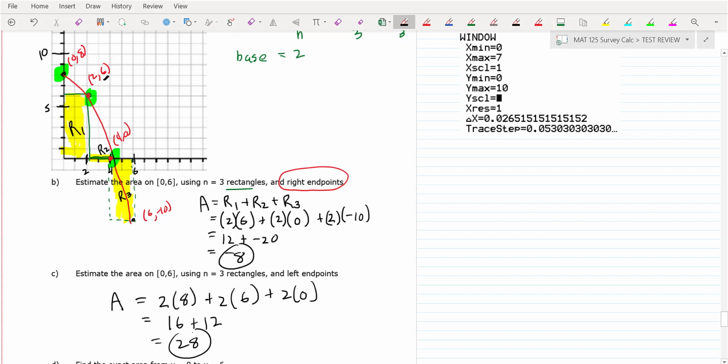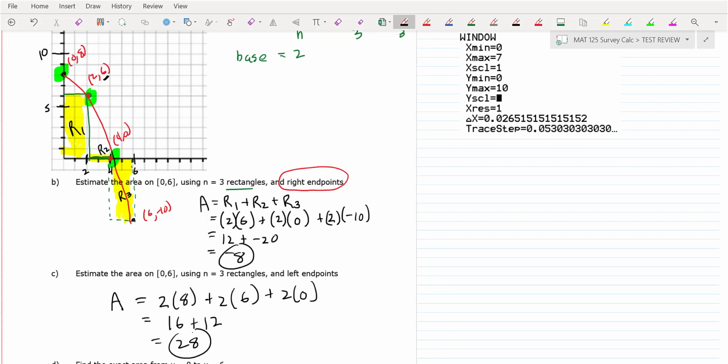So you want to know the difference between left and right endpoints. All I did on the left endpoint is if I drew the diagram, this rectangle would be way up like this, and then like that, and then the last rectangle would have no area. Does that make sense or not? Say something. Yes. Okay. Base times height, that's what I'm doing, okay?